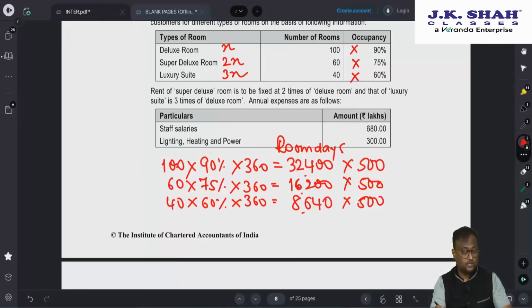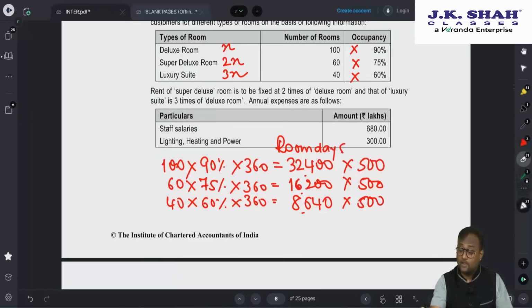So, 8640, 16,200 and 32,400 gives 57,240. 57,240 into 500 is 286.2.